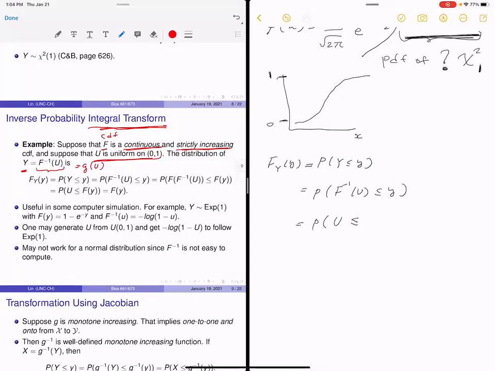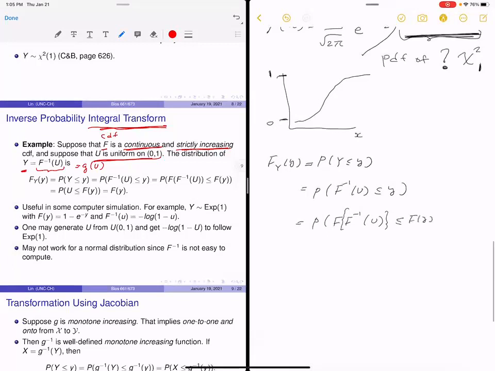I can apply the F function on the left hand side, then F inverse becomes F applied to it. And if you apply F on the left hand side, you also apply F on the right hand side, becoming F of y.